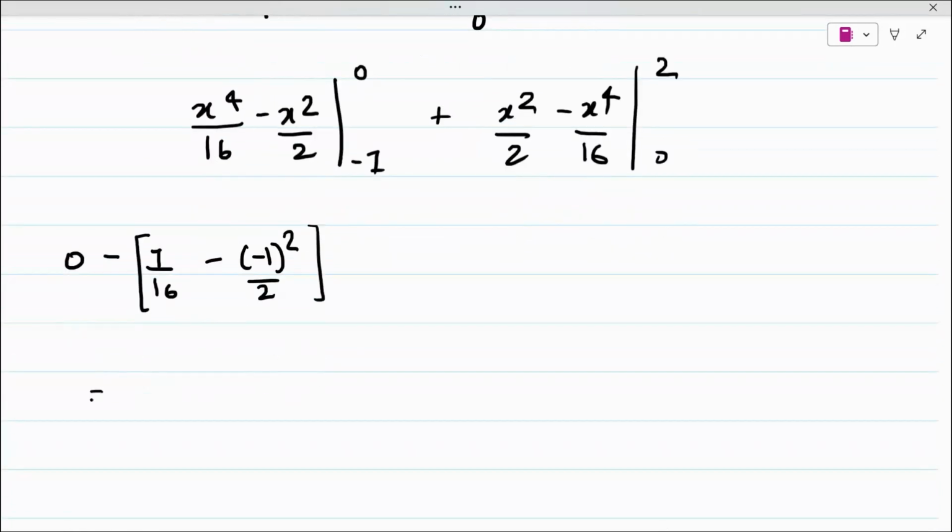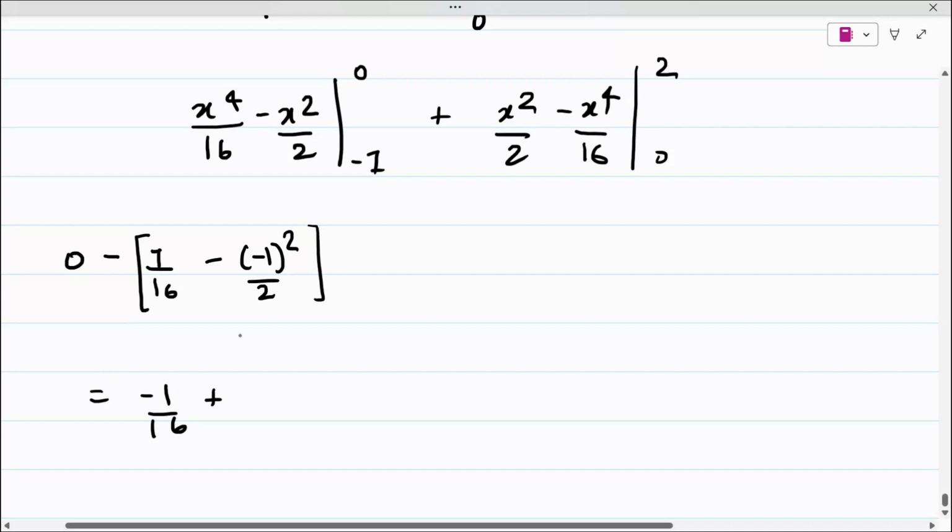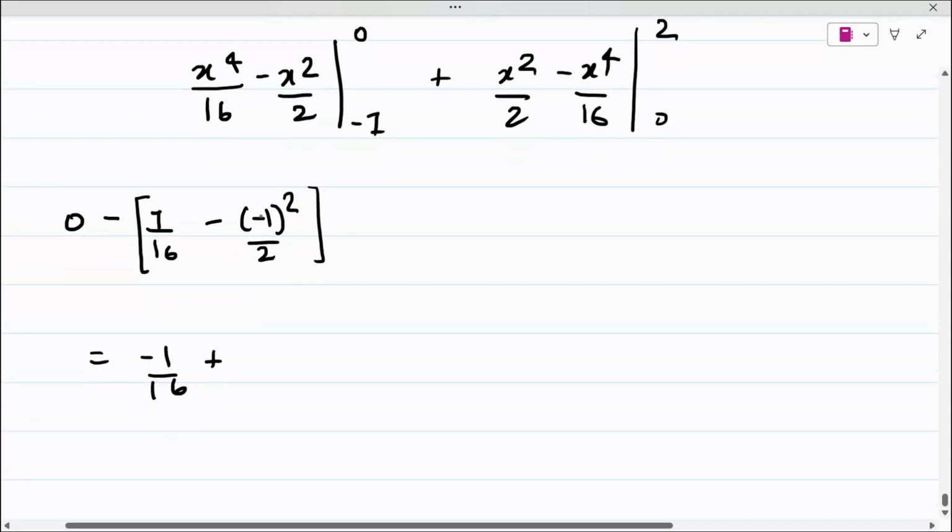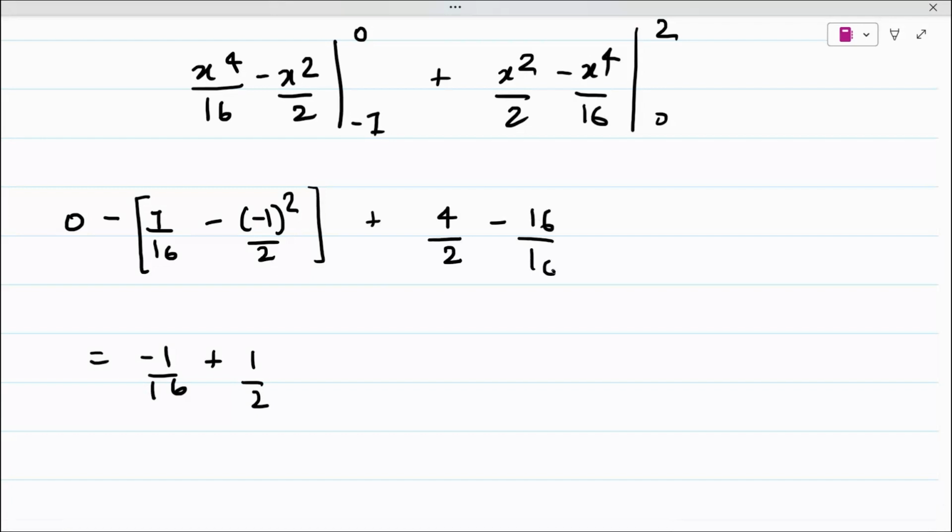Simplify this here itself, we get minus 1 by 16 plus 1 by 2, but then you get the minus inside 1 by 2. And then we also get 4 by 2 minus 16 by 16.